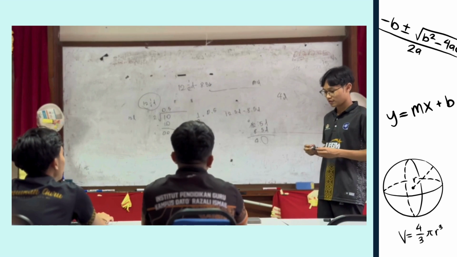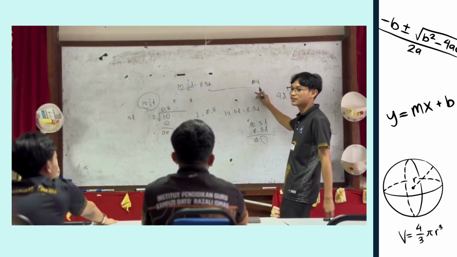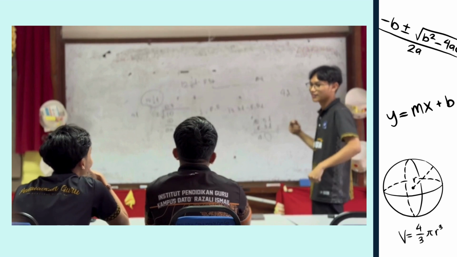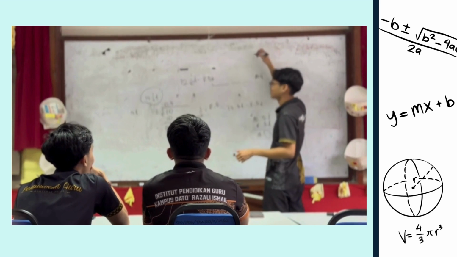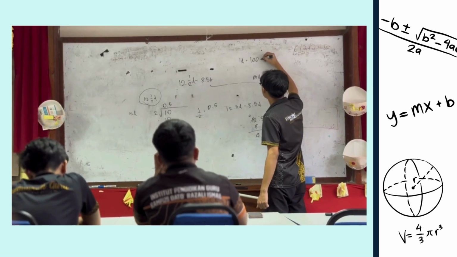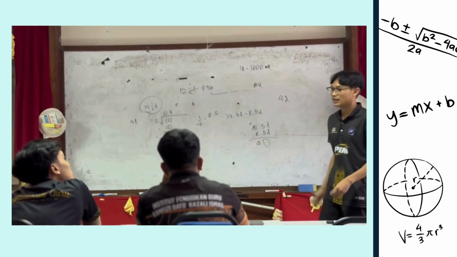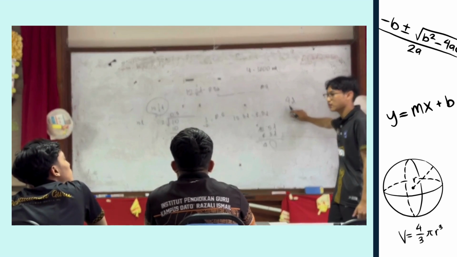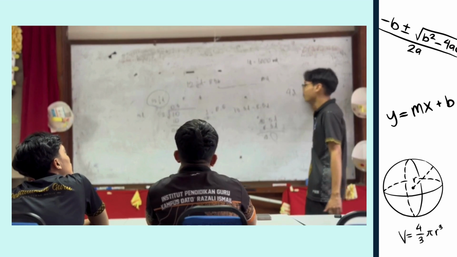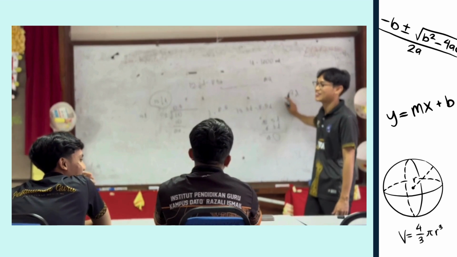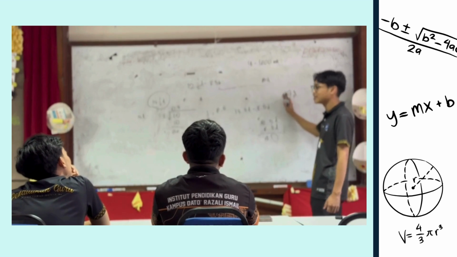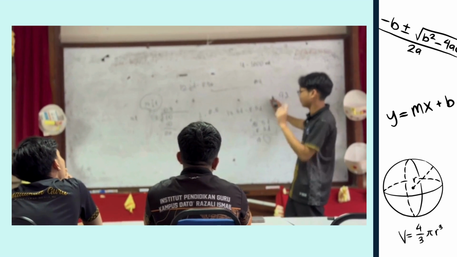Are we done yet? No. We have to convert. How? As I explained to you, 1 liter is equal to 1,000 milliliter. So how much is 4 liter? We multiply 4 by 1,000.